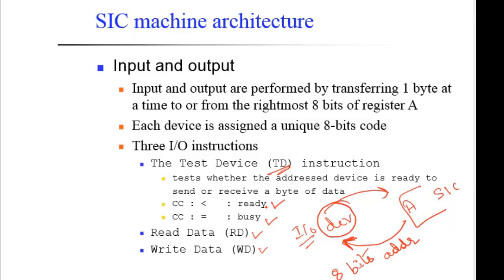That means the features available in SIC are also available in SIC XE, but it comes with a little extra equipment. All the features that we have studied will be there in the SIC XE machine also, but it will also have some additional features that require a detailed study that we are going to do in our next video.